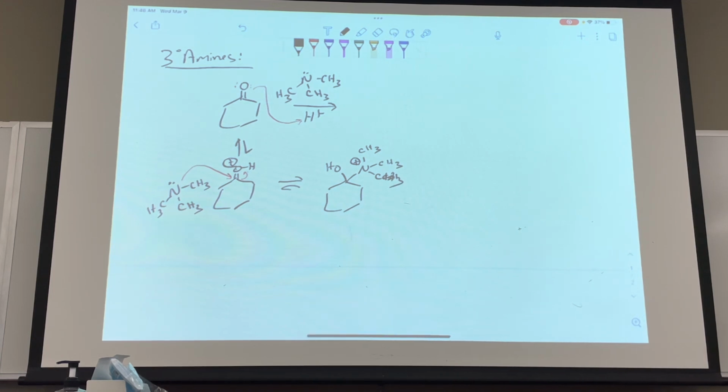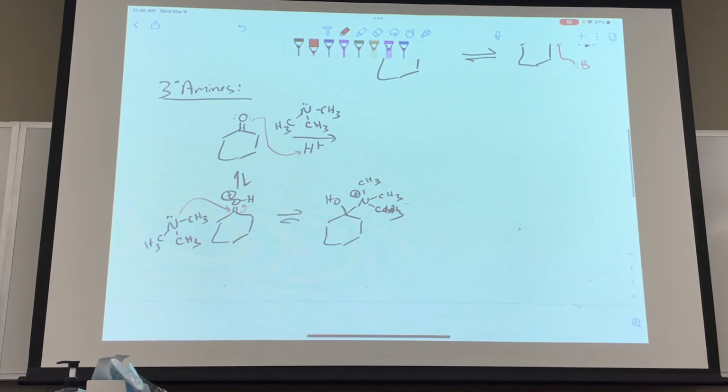So the point is, when you try to react aldehydes and ketones with tertiary amines, you get no reaction. Okay? So with the primary amines, we see we get the imine as product. With secondary amines, we get the enamine as product. And with the tertiary amines, we get nothing. All right? Any questions on the amine chemistry?